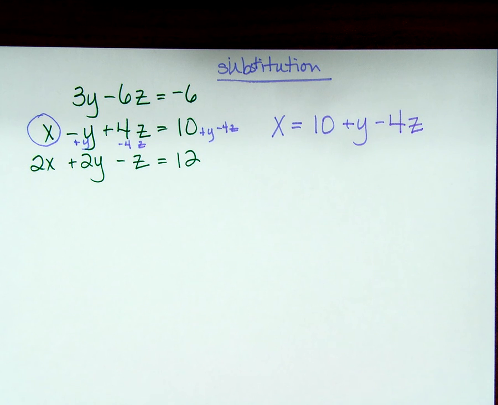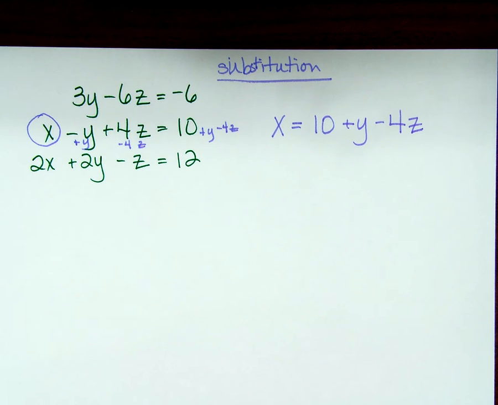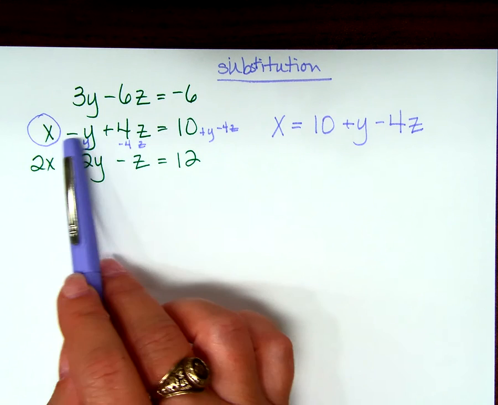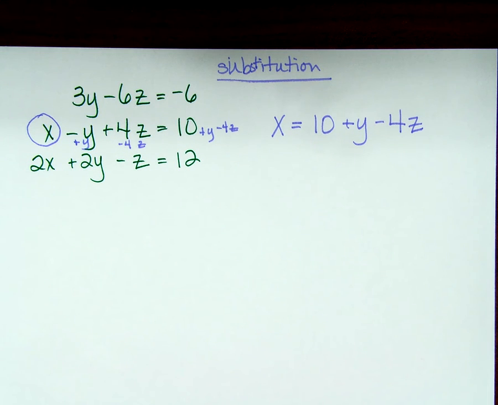Now the whole purpose of substitution is that we substitute it, right? So now that I've solved for a variable, I would like to substitute it into another equation. Which other equation should I choose? The bottom one. Why would I choose the bottom one? It's the only one with an x. We can't choose this one because I just used it to solve for x. Plugging it back into there won't do me any good, will it?